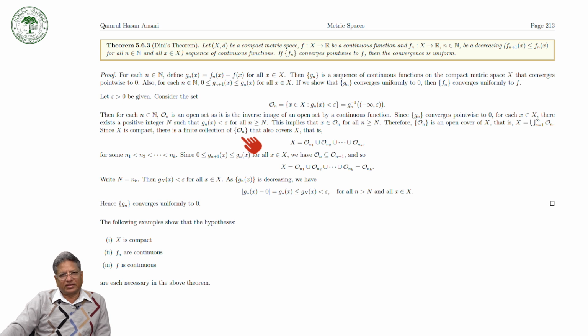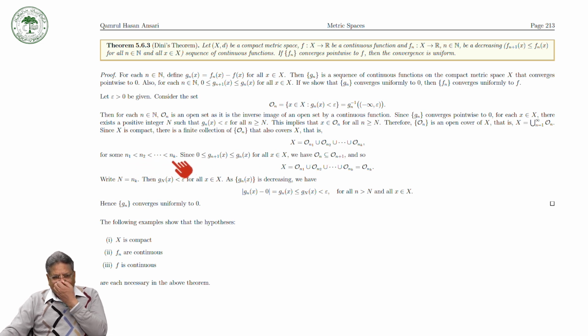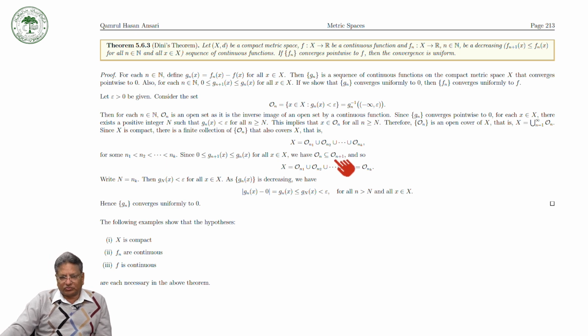So there exist On1, On2, and so on up to Onk, with n1 less than n2 and so on, whose union is X. Now since this is a decreasing sequence, this holds for all n: On is a subset of On+1 and so on. So all of these are subsets of Onk, and X is equal to Onk.